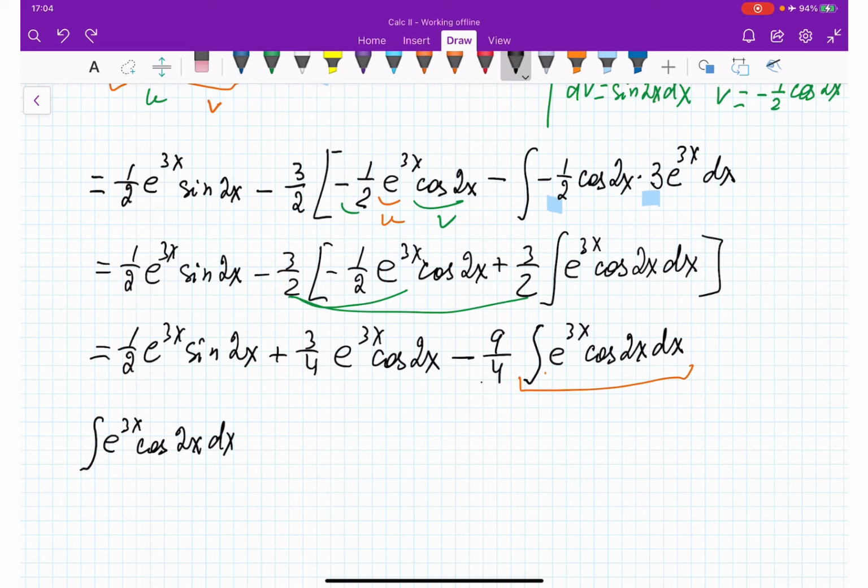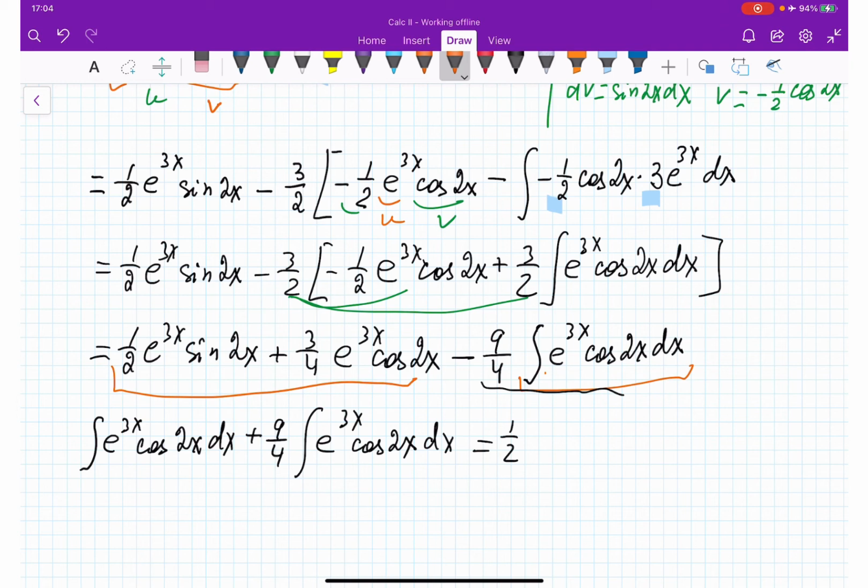And moving this one to the left side of the equal sign, it's going to be plus 9/4 integral e to the power 3x cosine 2x dx. And this is going to be equal to what we have left, this piece.